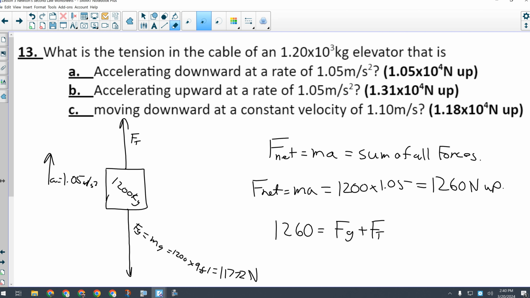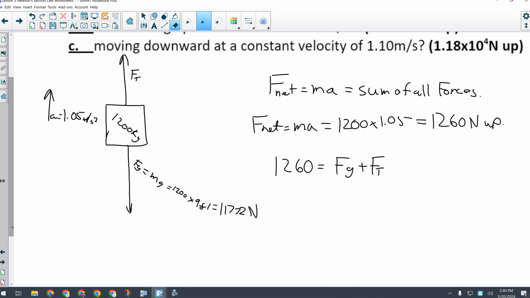So if I want to find the tensional force, I'm going to subtract the force of gravity over to the other side. So I'll have 1,260 newtons, my F net, minus Fg equals the tensional force. So that's 1,260 minus, and here's the kicker, negative 11,772 newtons. Vector sum of all forces.